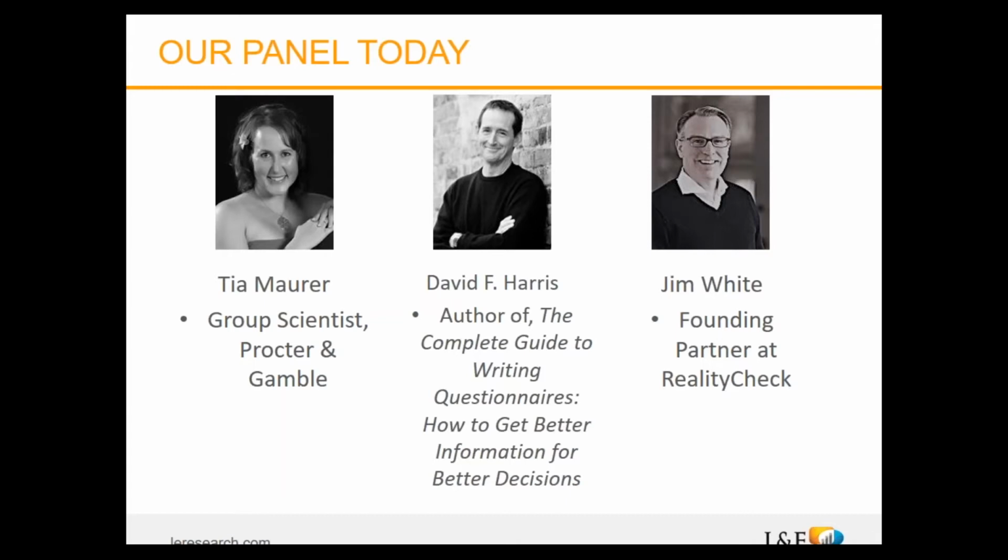Now, the critical part is defining the decision or decisions that the research will support. And I learned over the years that I have to do that as a declarative statement. We will decide how to position the product. We will decide who we want to target. And once we figure out what those decisions are, then it's critical that we think, what information do we need to help inform that decision?